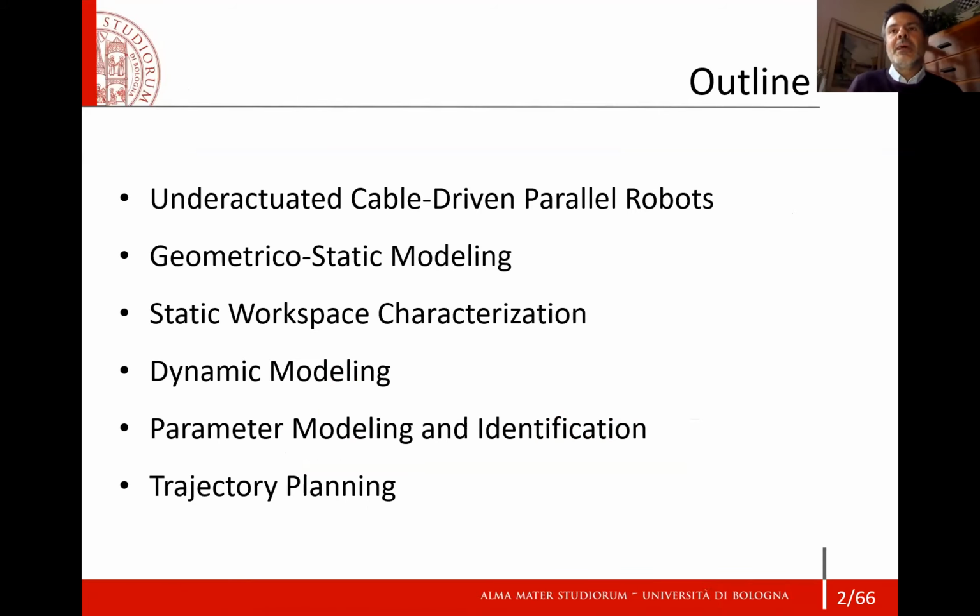My speech will be mainly dedicated to some classification of the systems and a little bit of modeling, geometrical static modeling. Then I will leave the stage to Eduardo, who will speak to you about more detailed scientific challenges concerning workspace characterization, dynamics, parameter identification, and trajectory planning.